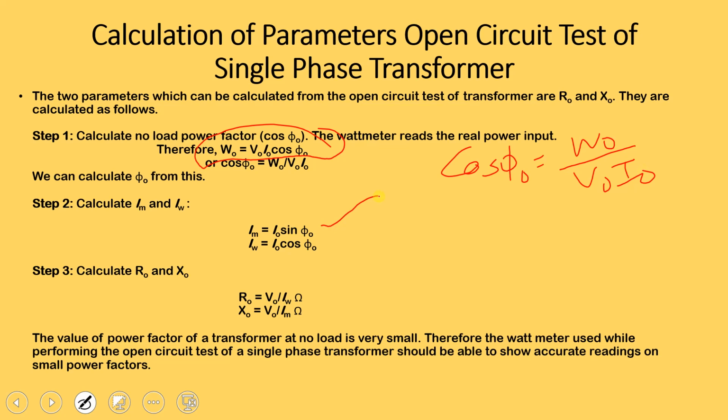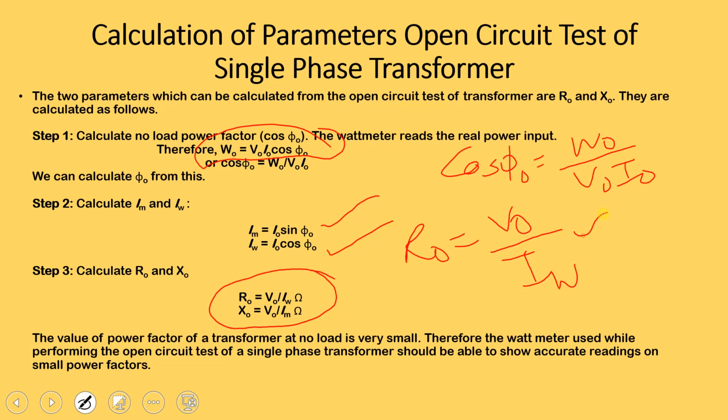Im is the magnetizing current, Iw is the working current or the core current, and from these we find R0. R0 equals V0 upon Iw, and the units are ohms, and X0 equals V0 upon Im, and the units are ohms. So this is how we find the parameters from the open circuit test.